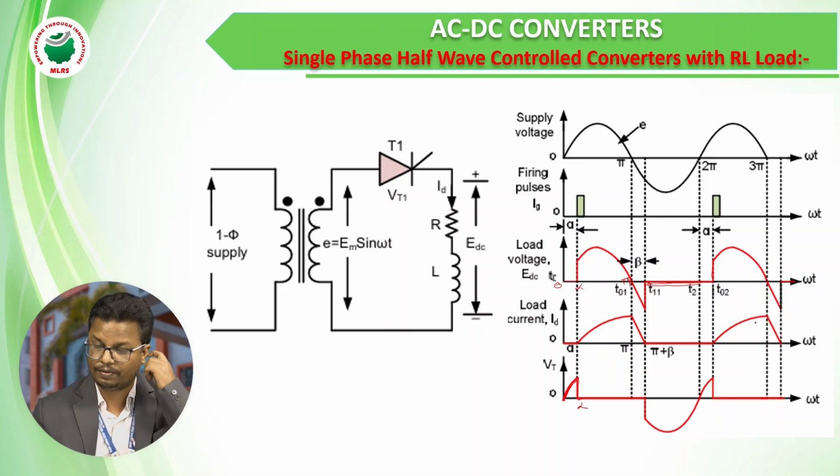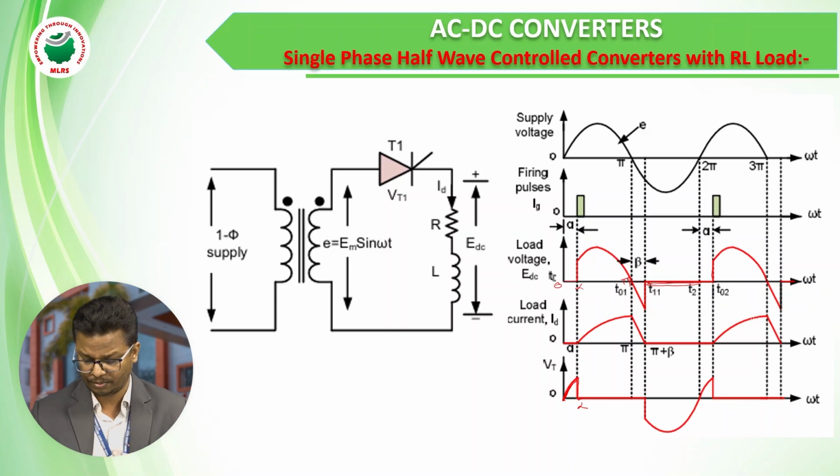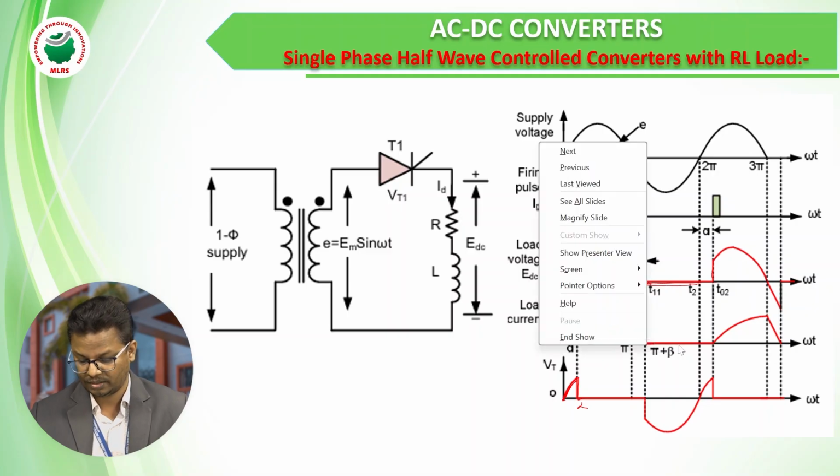If you observe here, the inductor current, the load current, slowly increases to its maximum value at T01. Why? Because we know the inductor will not allow sudden change of current, so it slowly increases and then slowly starts to decrease. After T11, at the point of pi plus beta, the output current is 0.